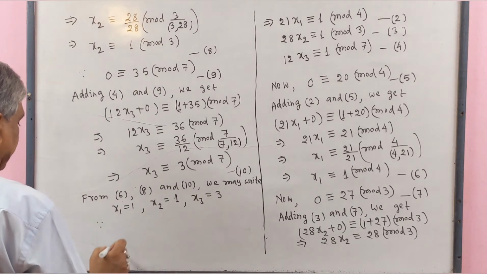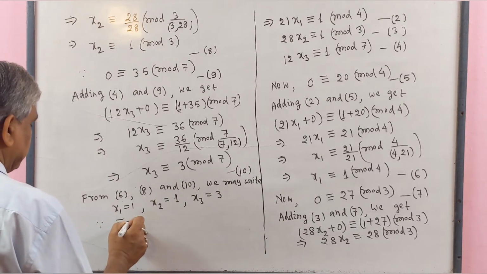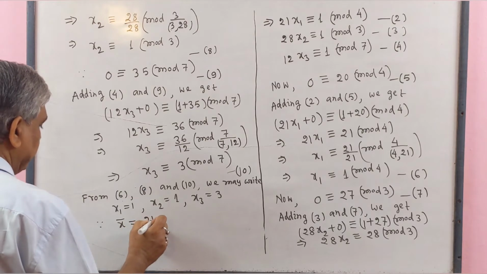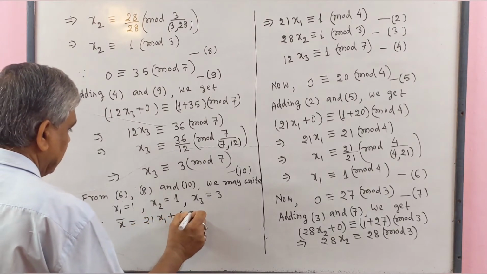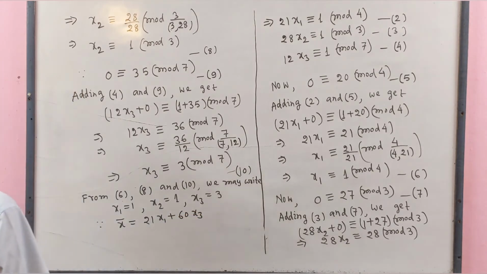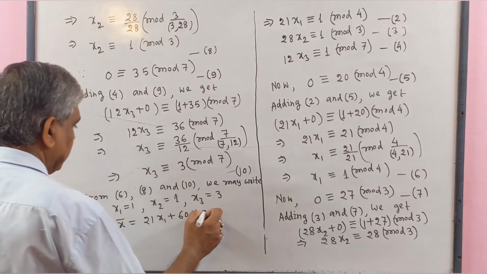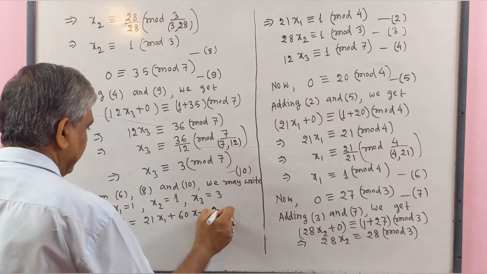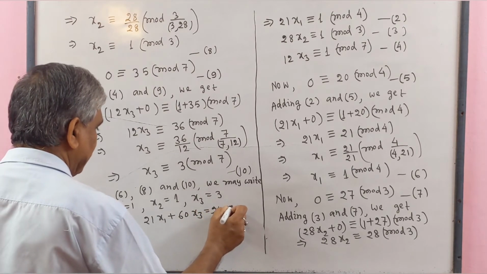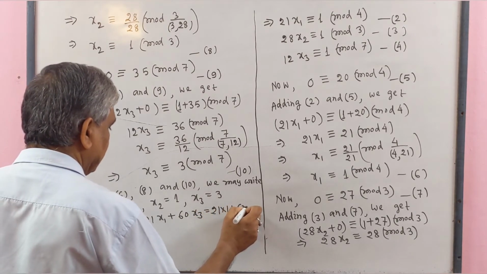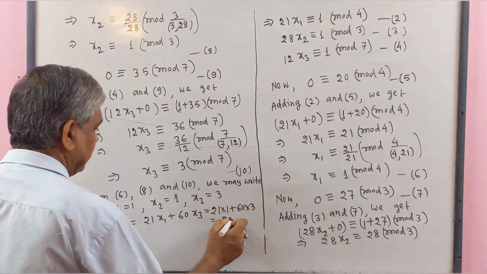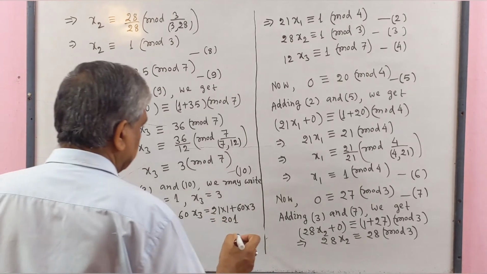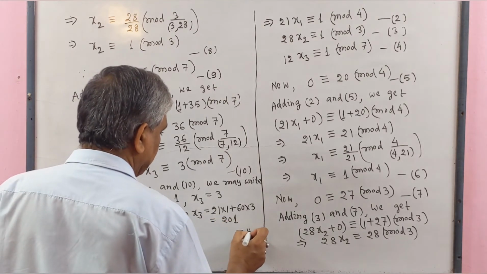Since we have x bar equal to 21 x1 plus 60 x3, and this equal to 21 multiply 1 plus 60 multiply 3. This equal to 201. This is number 11.